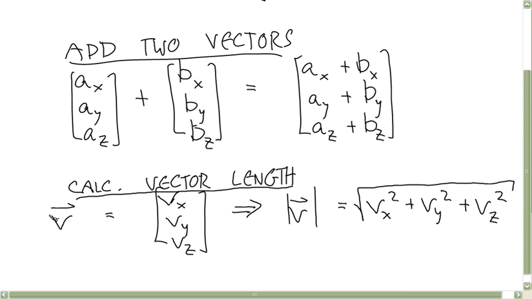What would happen if this v was a 2D vector? You just have Vx, Vy, 0. So when you calculate that length, you just have the square root of Vx squared plus Vy squared, right? This Vz squared would be equal to 0. So this is totally generalizable to 2D. This formula works for 2D as well as 3D.